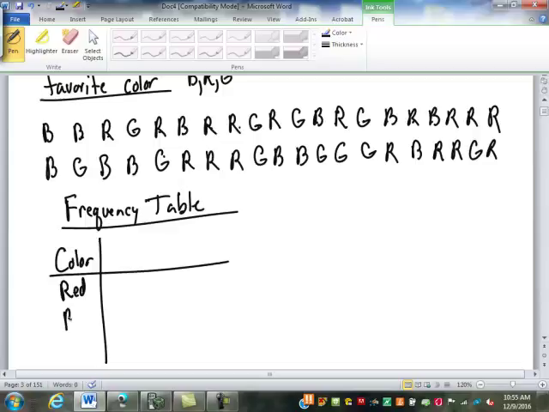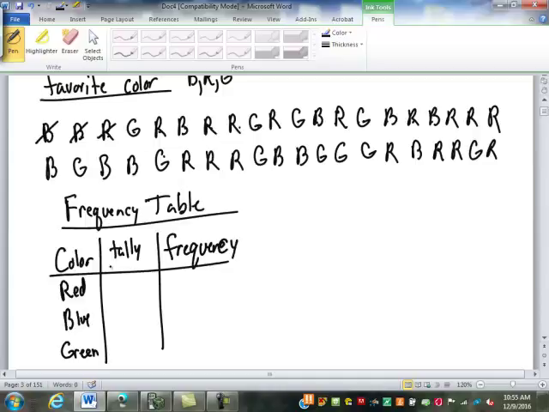Here's just red, blue, and green. And it doesn't matter what order we put them in because there is no natural order to them. And over here, we're going to list the frequency. Now, I left a column in here because I'm going to do a tally, just because that helps me to do this. So I'm just going to go through.